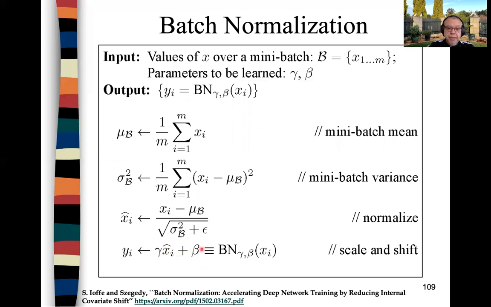The idea is if your x_i does not really need to have the mean subtracted and be divided by the variance, this operation is going to allow you to not do it.